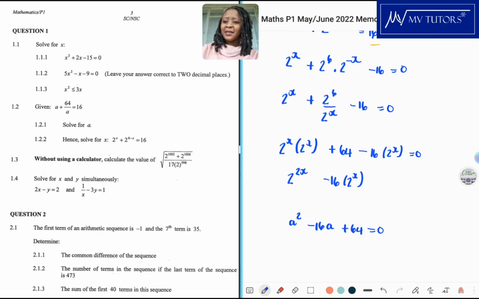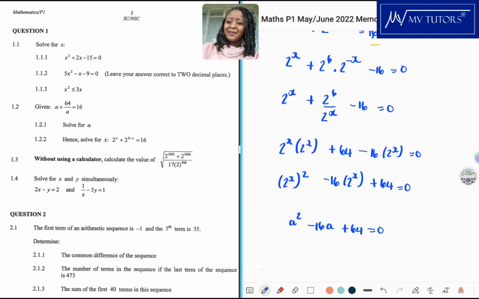Let me put it like this rather: 2 to the power x squared, and then minus 16a. Just bear with me, I will show you what I'm seeing. I hope you can see it too.